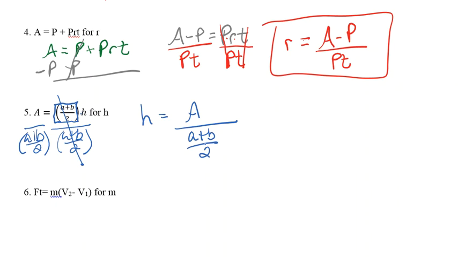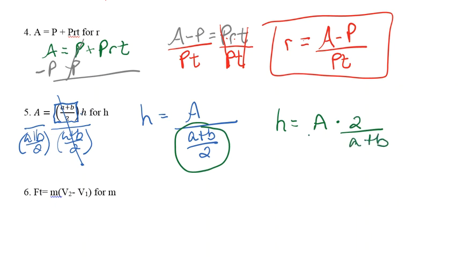Now this looks funny because it has two fraction bars in it. So what you might want to do is think back to fractions, and we never divide by a fraction, we always multiply by its reciprocal. So I'm going to use that idea, and I'm going to take A and multiply it by this bottom flipped over. So that would be times 2 over a plus b.